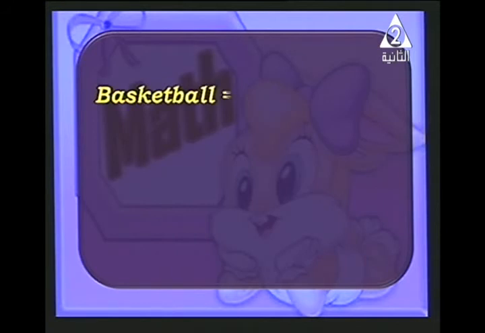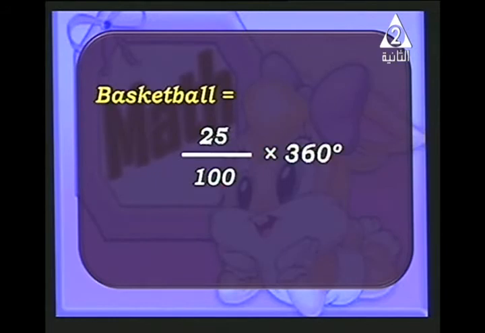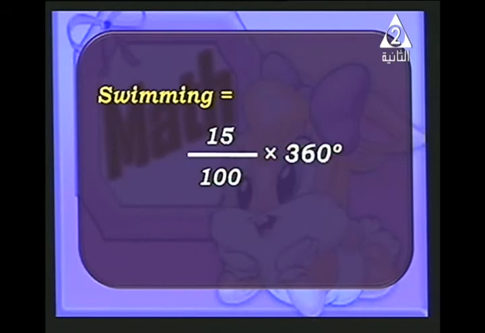Then what about basketball? It is 25%, meaning 25 over 100 multiplied by 360 to obtain a result of 90 degrees. What about swimming? It's 15%, so 15 over 100 multiplied by 360 to obtain a result of 54 degrees.